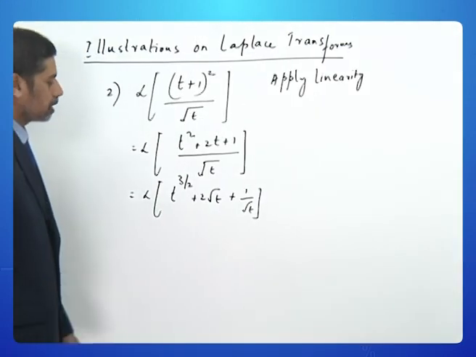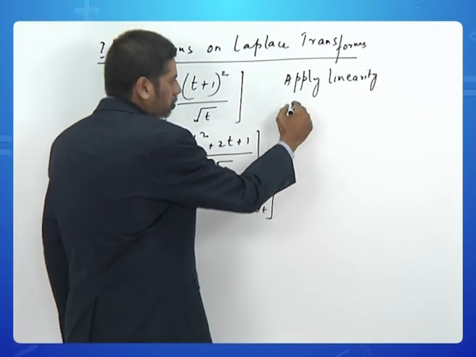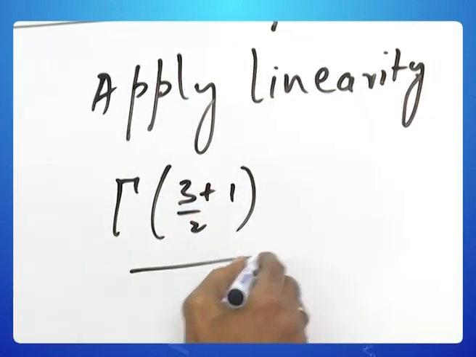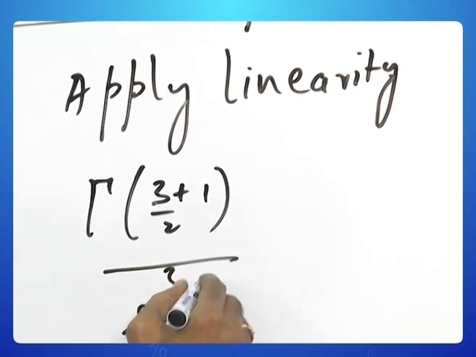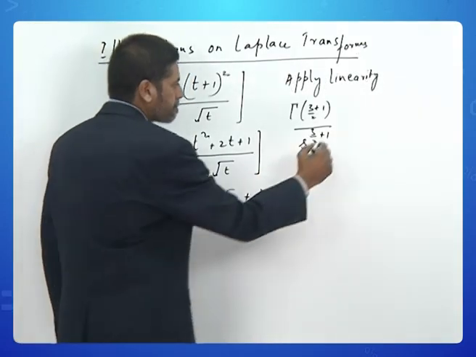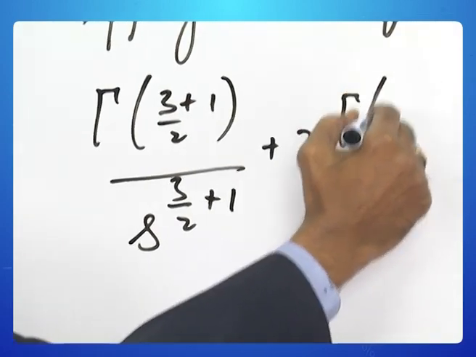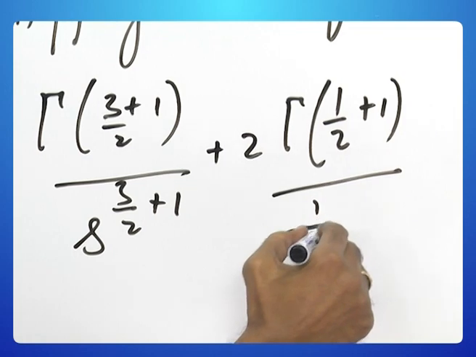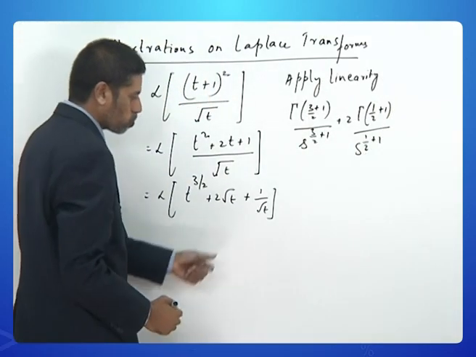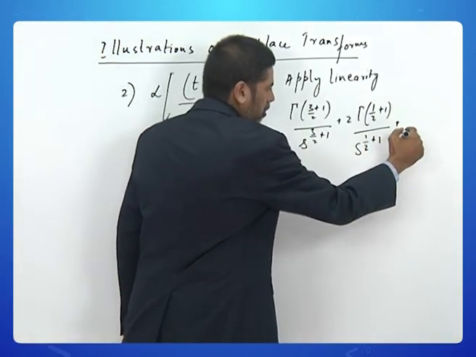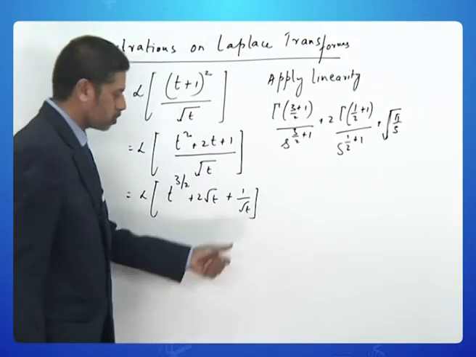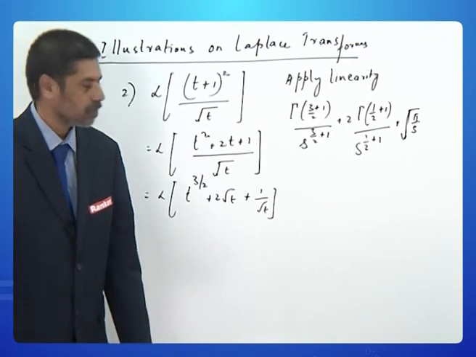And you will get gamma of 3 by 2 plus 1 by s to the power of 3 by 2 plus 1, plus 2 times gamma of half plus 1 by s power half plus 1, plus root of pi by s, because this was done just in the first example.